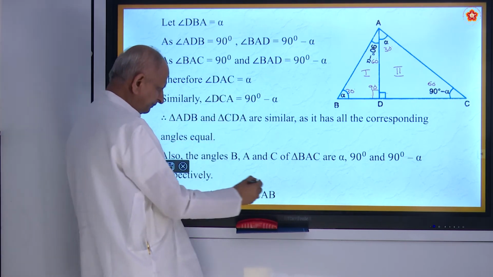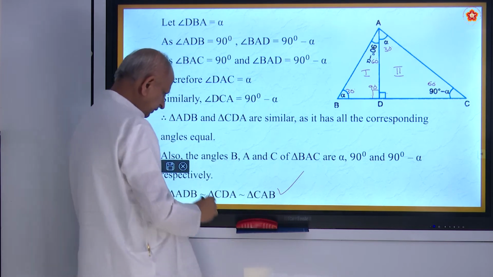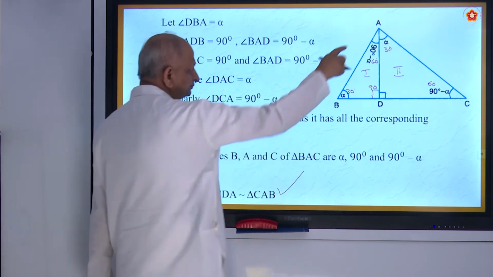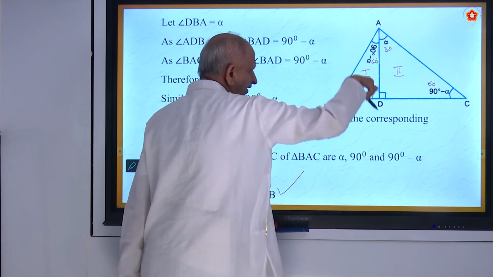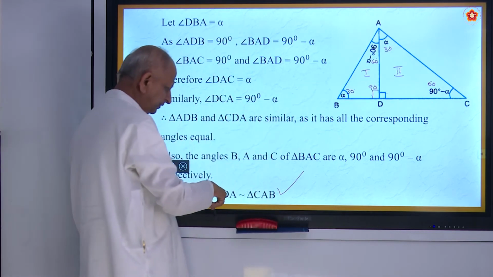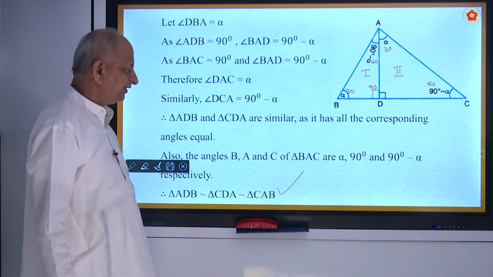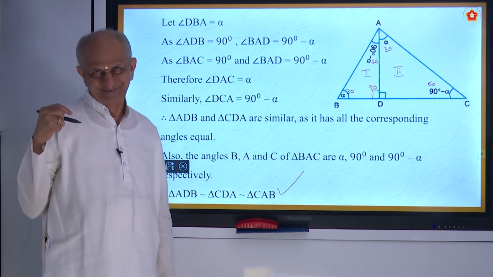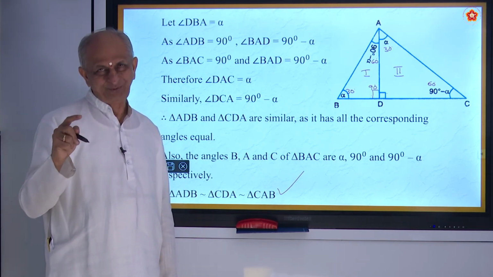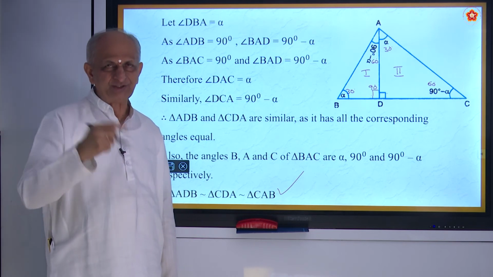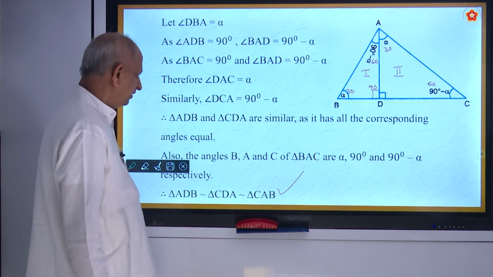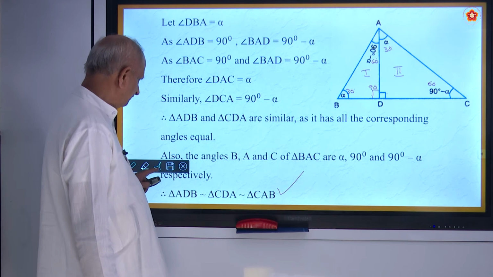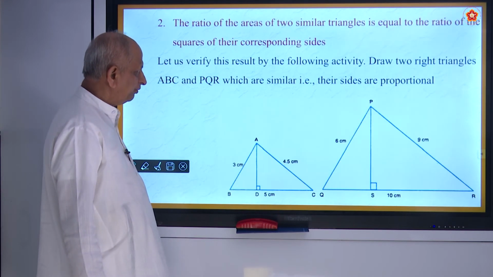Therefore, we say triangle ADB is similar to triangle ADC is similar to triangle CAB, full angle. You may ask, why do you want it? This is required to prove the next theorem called Pythagoras theorem, also called Baudhayana theorem.